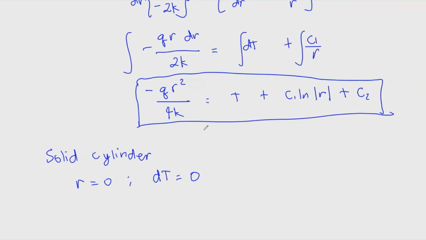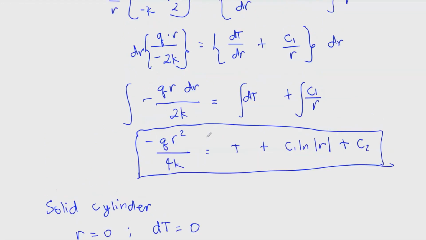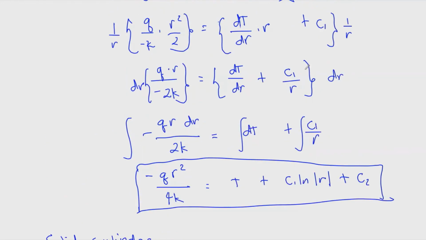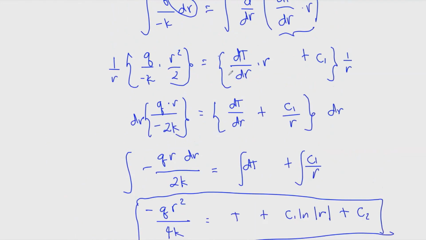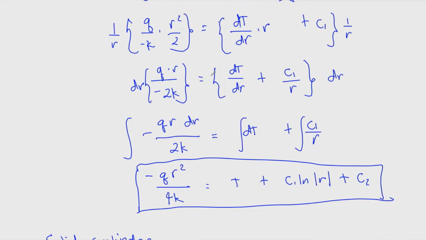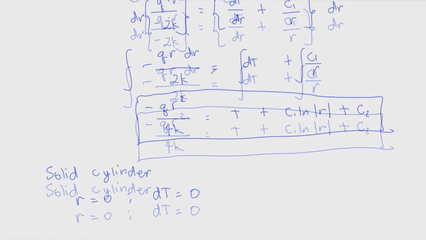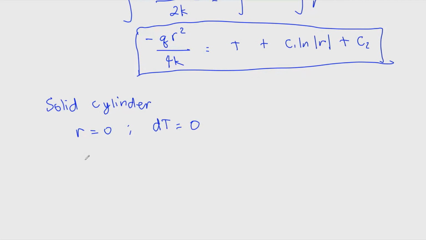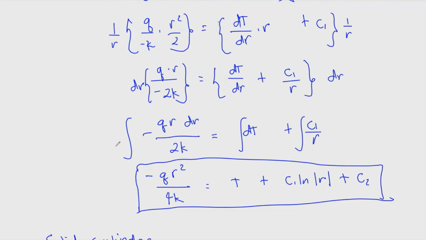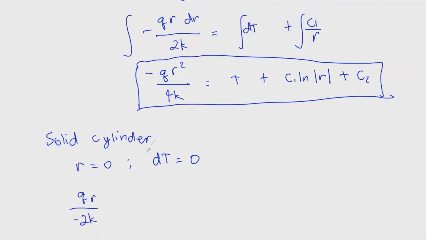So in this case, we could simply say that in this portion here, where we have this c1, we have q over negative 2k times r, that is equal to dT over dr, that is actually r squared, and then r plus c1.